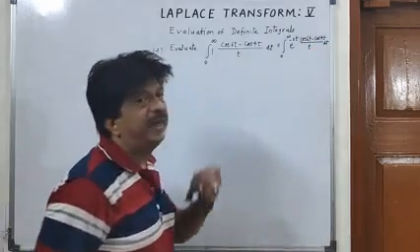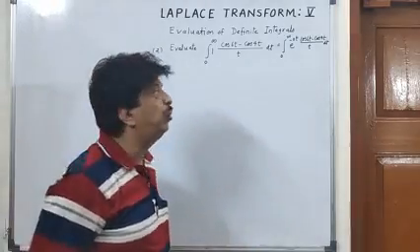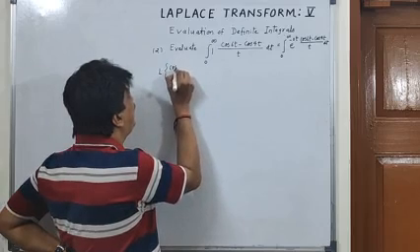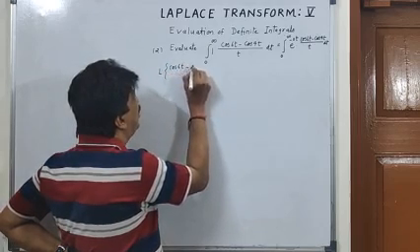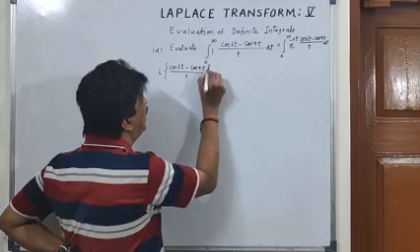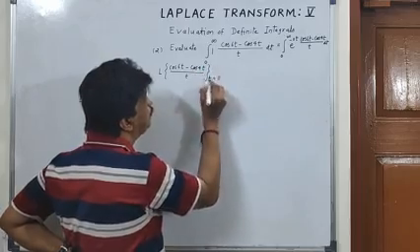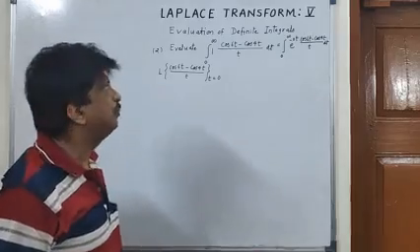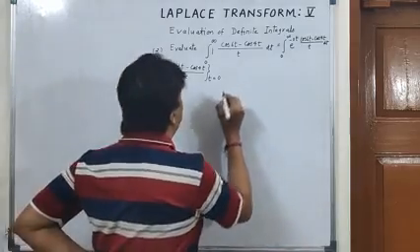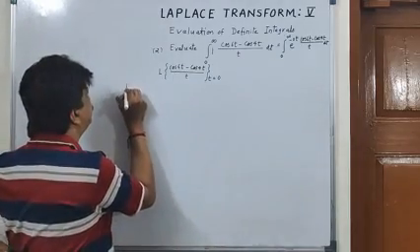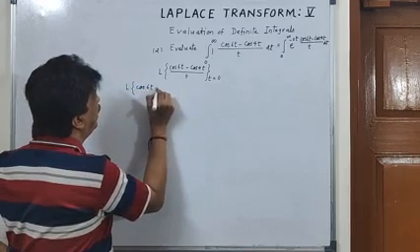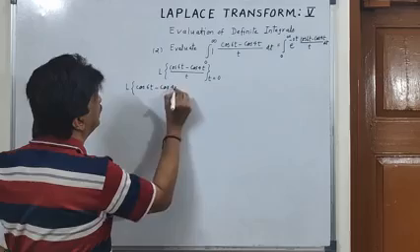So, to evaluate this integral, we would be finding out the Laplace transform of f of t, (cos of 6t minus cos of 4t) upon t, at s equal to 0. So, first, what is the Laplace transform of cos of 6t minus cos of 4t?